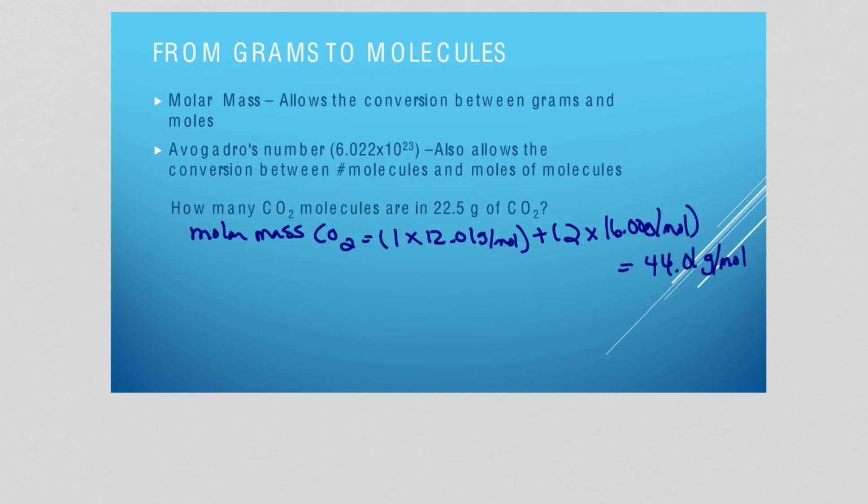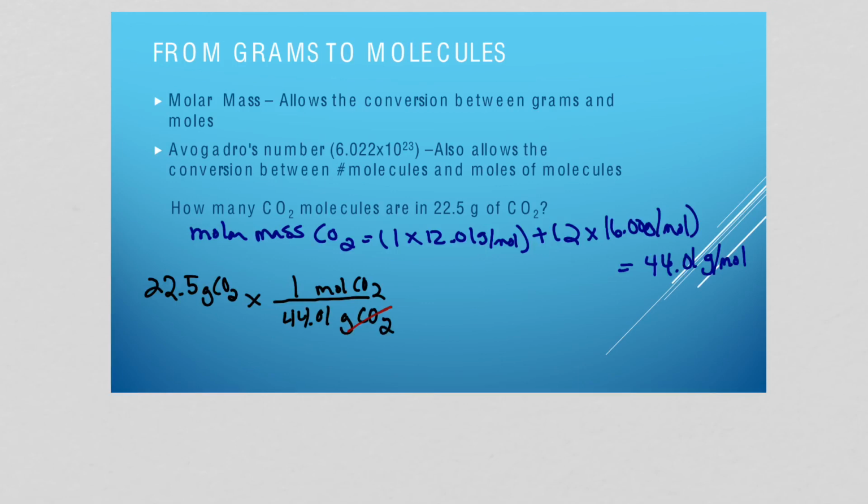That's the molar mass. So now I can write out my calculation, and I start with my 22.5 grams of CO2, and now I can convert that into moles, because I know that 1 mole of CO2 is equivalent to 44.01 grams of CO2.